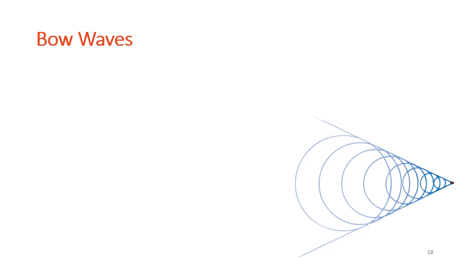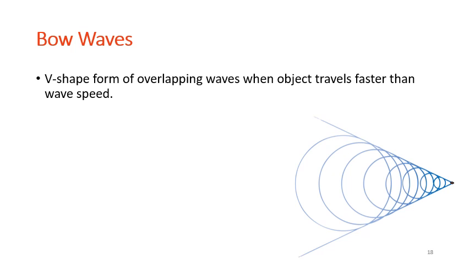Bow waves usually create a V shape by overlapping waves. If you consider this picture, the first circle is the first wave front, and oh, it's really distorted. Let me draw it again.